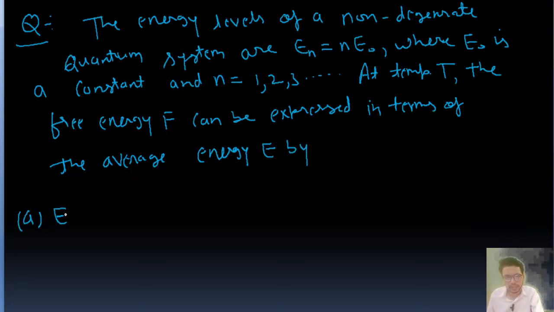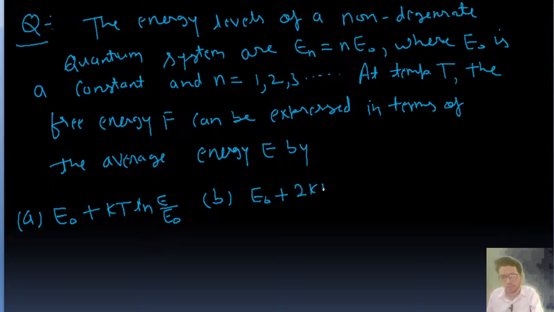Option A is E naught plus kT ln E upon E naught. Option B is E naught plus 2 kT ln E upon E naught.